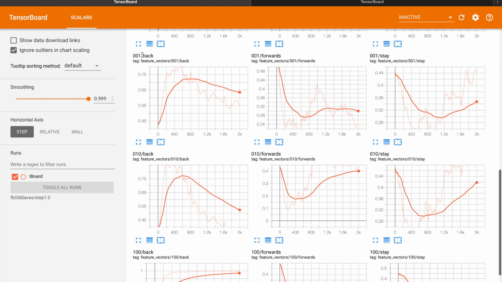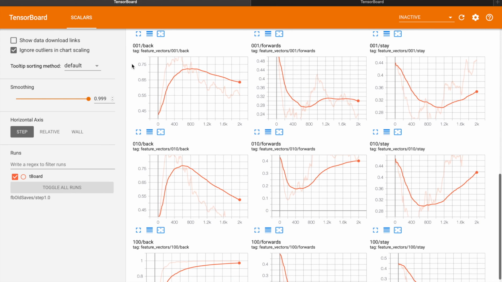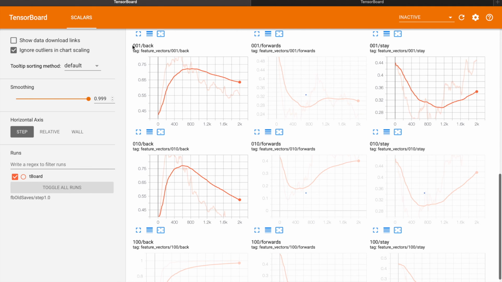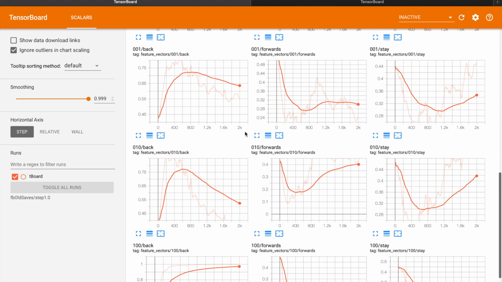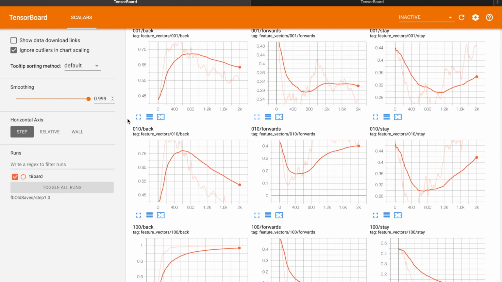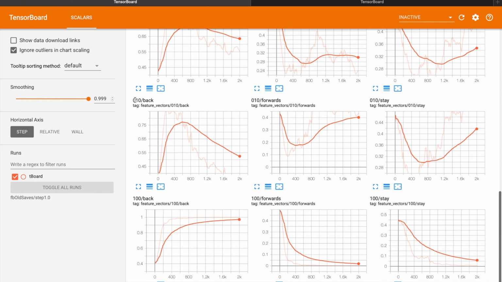Right here, this is when the emerald block is right in front of the agent, and you can see that back is still pretty high, and it's actually higher than these other results, and the true result here should be forwards. And just to note, this is after 2,000 training batches, so that's 20,000 episodes. Right here we have just staying in place.